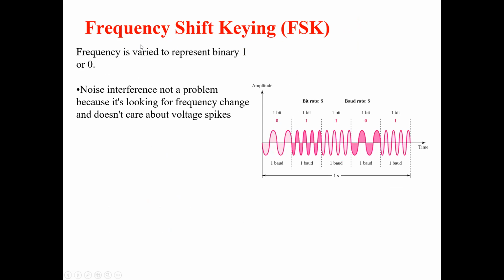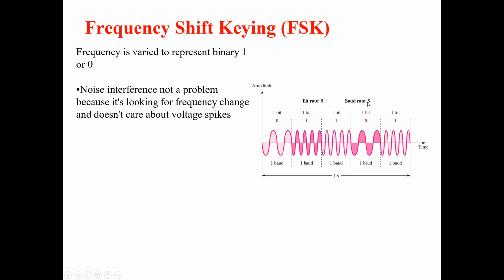Next method is what? Frequency shift keying, FSK. Frequency is varied to represent binary 1 or 0. When a bit is encoded, the frequency changes and remains constant for a particular period.